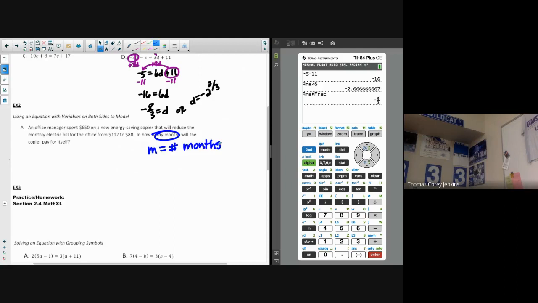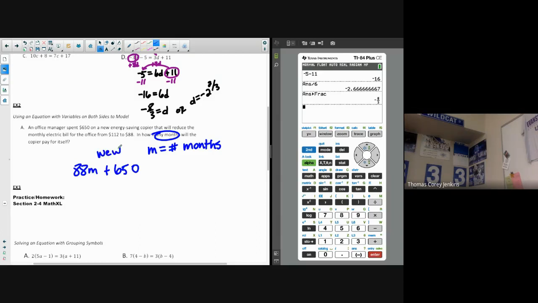So for the new one, it's going to be $650 is what we spent up front. And then the monthly cost is $88, right? So my total cost for M months for the new guy is 88M plus 650. You always got to include that startup cost, that one-time fee. So that's the new.